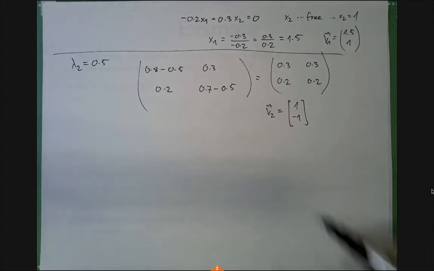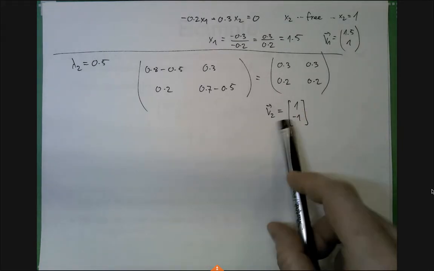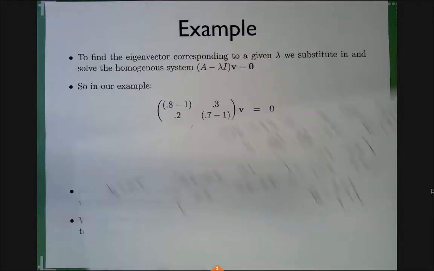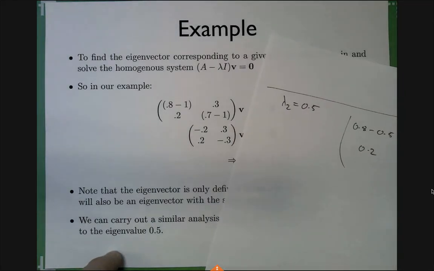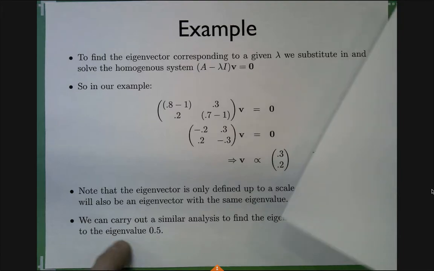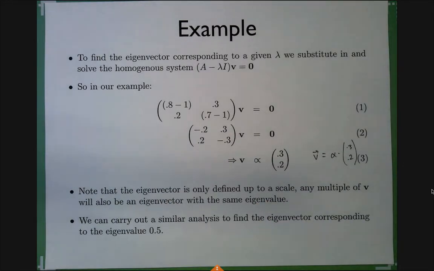Good one. Another good one would be -1, 1, right? But you could also say 100 and -100, or 0.99 and -0.99. It's defined up to a scale. So that's the second eigenvector, and that concludes this. Now we have completely solved the eigenvalues and eigenvectors of this matrix.